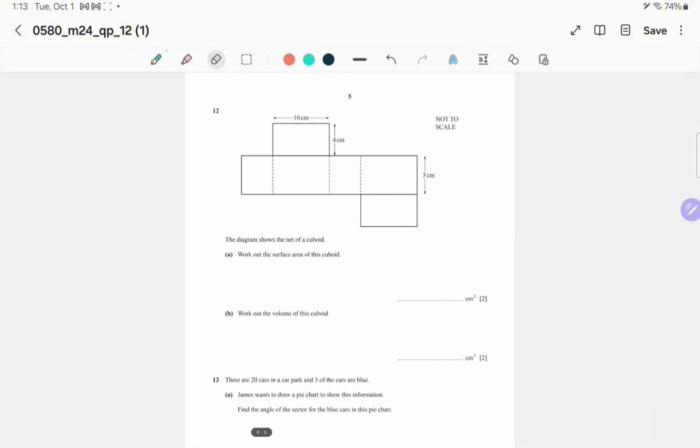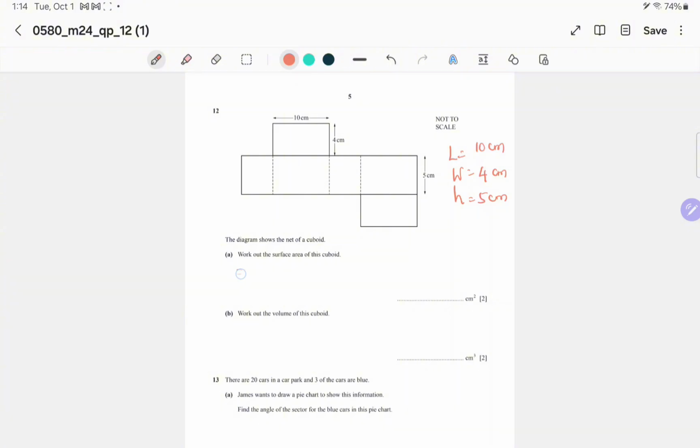It is the 12th question now we are going to do. The diagram shows a cuboid. The length of the cuboid is L equal to 10 centimeters, the width is equal to 4 centimeters and the height is equal to 5 centimeters. Now work out the surface area of the cuboid.